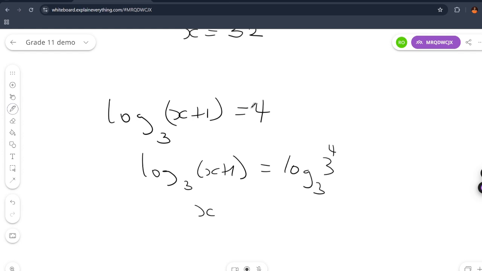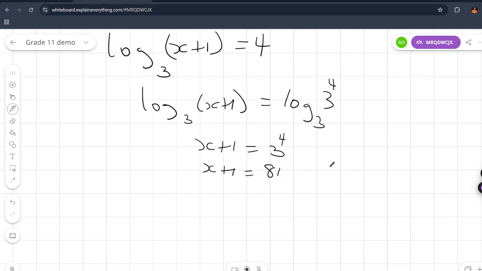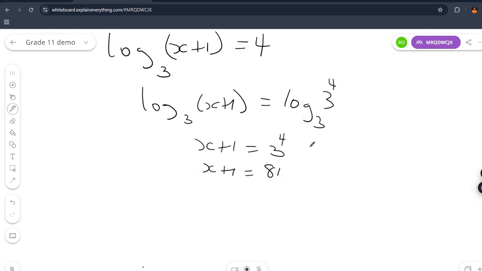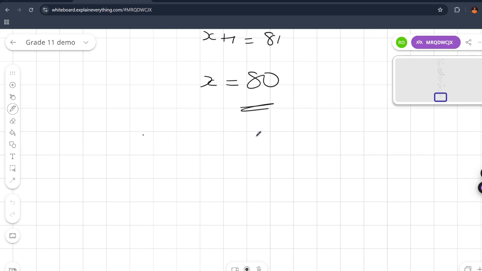So that x plus 1 will be equal to 3 raised power 4, which is 3 times 3 times 3 times 3, and that's 81. So that x now will be equal to 81 minus 1, and that is 80. So that is how to solve logarithmic equations.